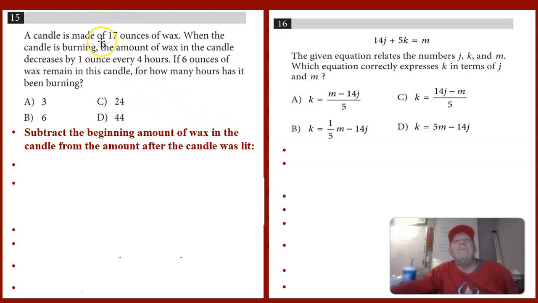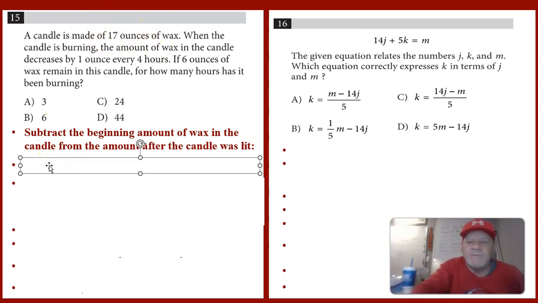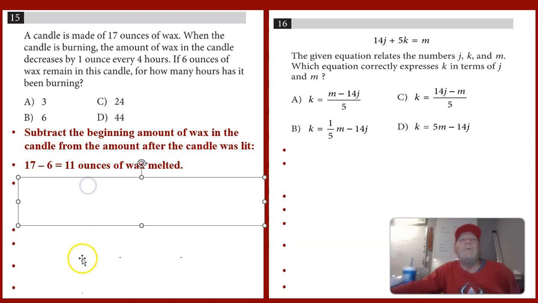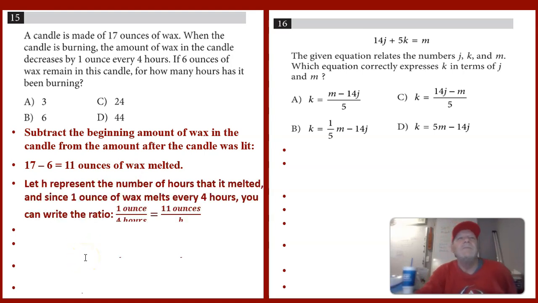It says 6 ounces remain, so we take our 17 ounces minus 6 ounces to find how much burned. 17 minus 6 is 11. So 11 ounces of wax melted. It didn't really burn. The candle burned, the wax melted. The wax didn't actually burn.